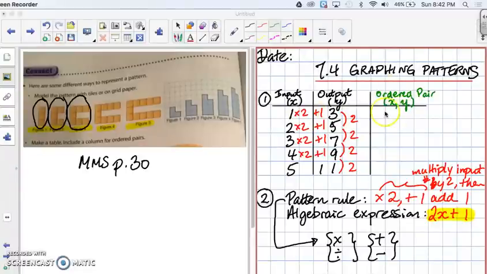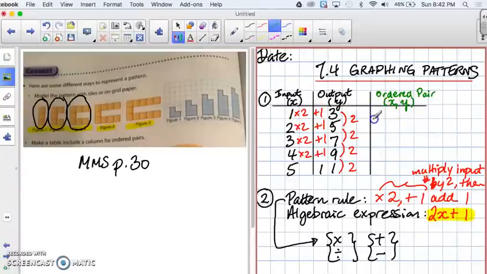So the first ordered pair we have is going to be (1, 3), and we always put ordered pairs in brackets. Okay. The next ordered pair we have is going to be (2, 5), where 2 is the x value for the input and 5 is the y value for the output. And then the next one, the input is going to be 3.